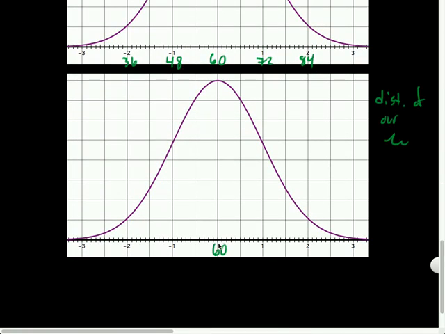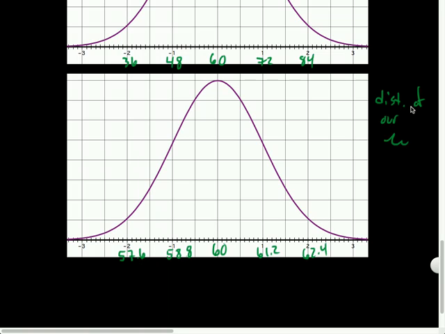So 1 sigma sub x bar above would be 61.2. 2 sigma sub x bars above would be 62.4. 1 sigma sub x bar below, that would be what, 58.8? Did I do that right? Yeah, minus 0.2 and then minus 1. I like it. And subtract another one, 2 sigma sub x bars below is going to be 57.6.